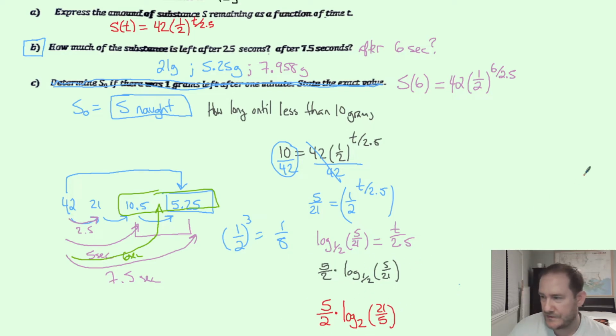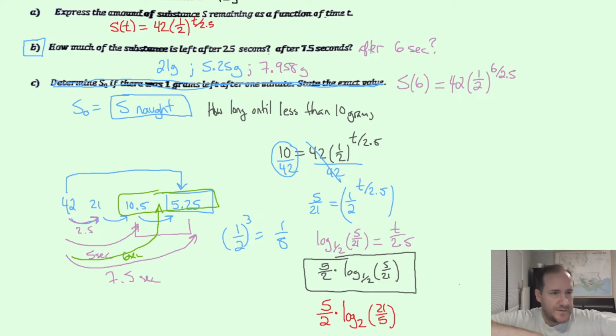Neither of these answers is actually better than the other. Stopping here is perfectly fine. Giving me the red is fine too. Anyway, that would be the answer. You would not be expected to evaluate it. You'd be expected just to give me that expression, including the log, including the 5 over 21. Leave it alone. That's the answer.